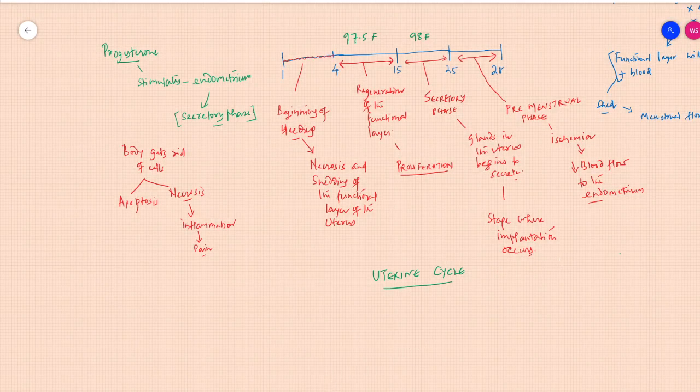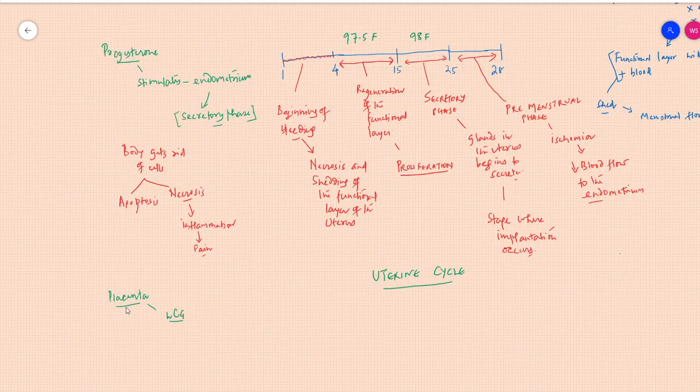The other fact to remember is that after implantation occurs, the placenta forms. This placenta is the source of human chorionic gonadotropin, which is another gonadotropin that we are going to study.